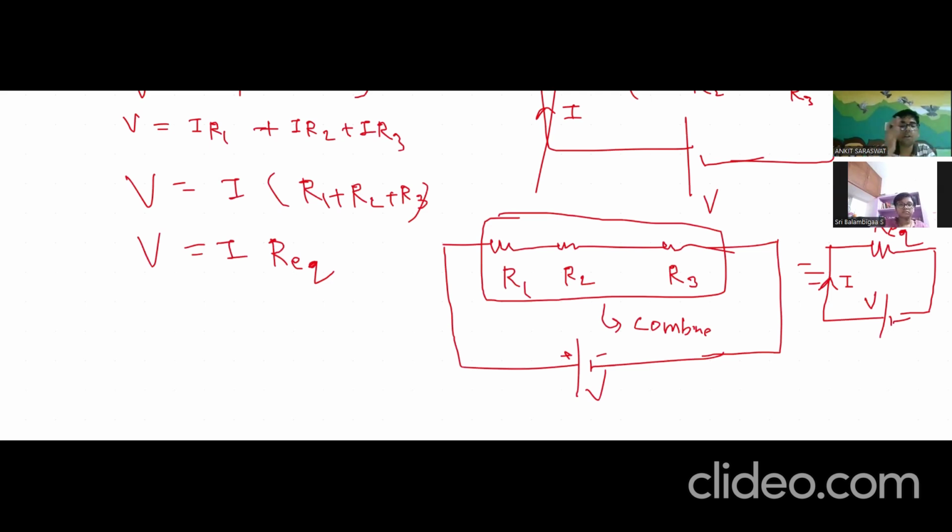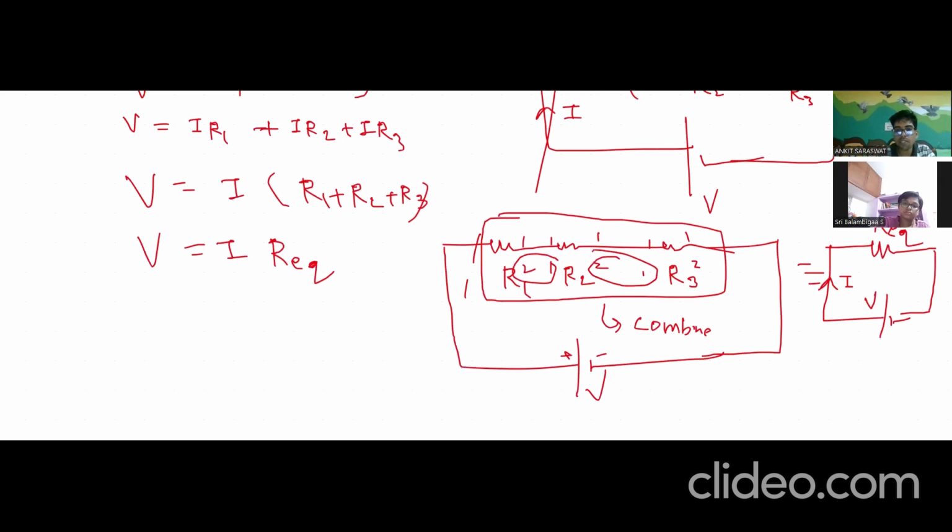So R1, R2, R3 are connected end-to-end, so we say it is a series combination. End-to-end means if this is 1, this is 2, this is 1, this is 2, this is 1, this is 2. 2 is connected with 1, 2 is connected with 1, like this. Is it clear? Combine means you combine these three.